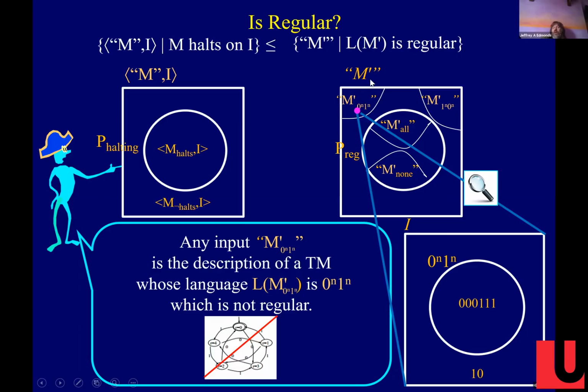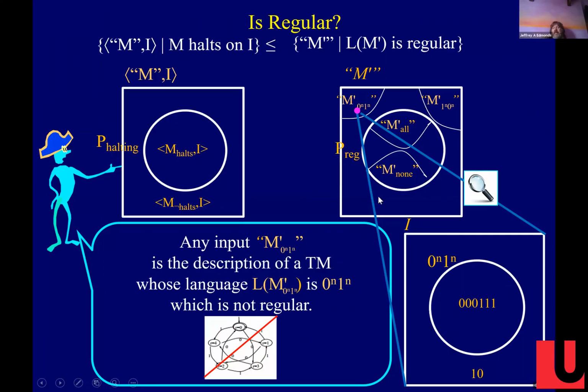This is the set of all Turing machines who say yes on 0 to the n, 1 to the n. What does this Turing machine do? If the input is of the form 0 to the n, 1 to the n, it says yes.